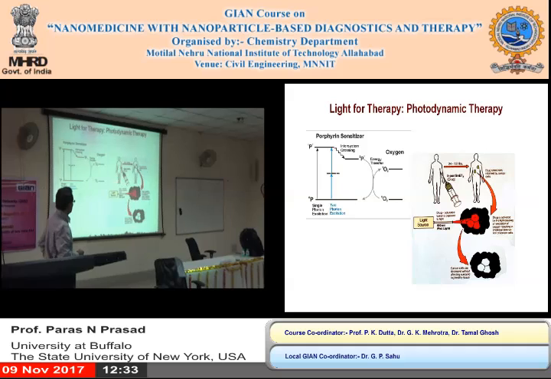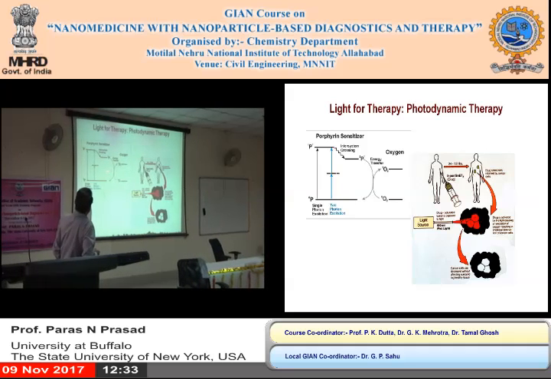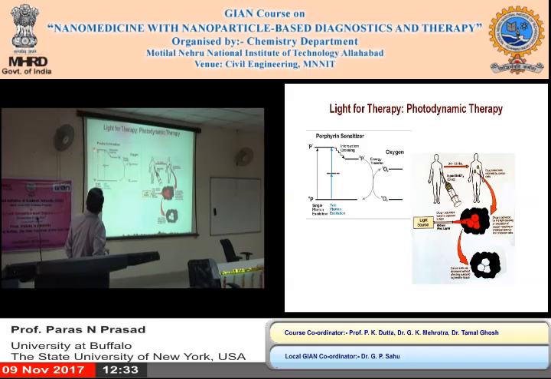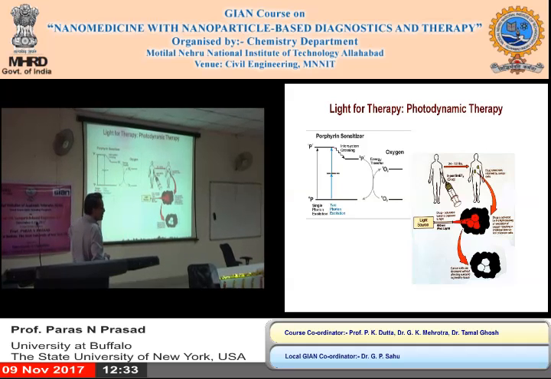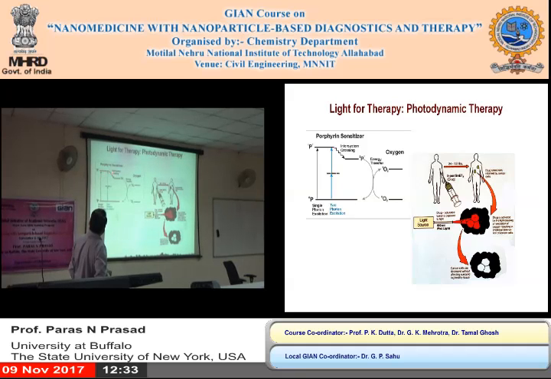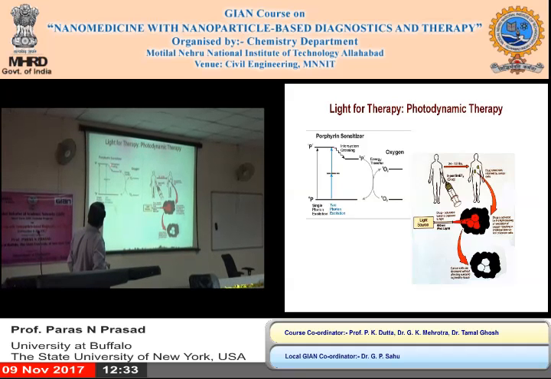So what will happen is that in most of the mechanisms, light is absorbed in the organic one, like porphyrin, and it goes to excited state. Okay, singlet state. Remember the Jablonski diagram we had? And then it crosses, intersystem crosses, remember the ISC process.